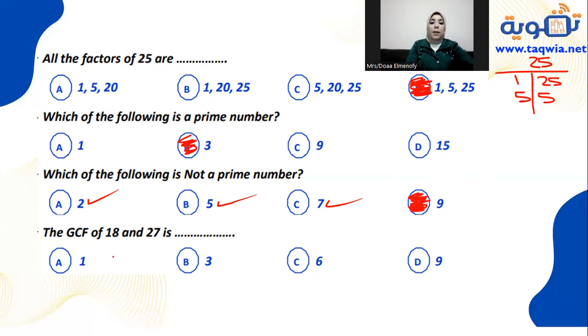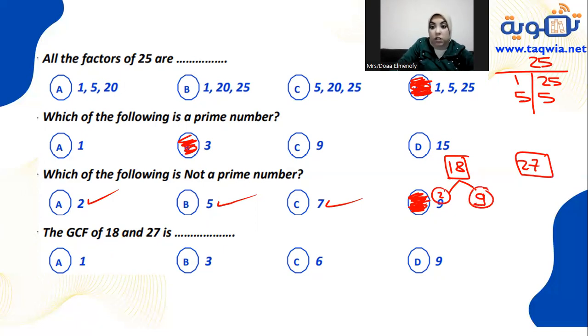The greatest common factor of 18 and 27. So what do we have to do? We have to factorize. So let's factorize 18 and 27. 18 equals what by what? We have 2 by 9.